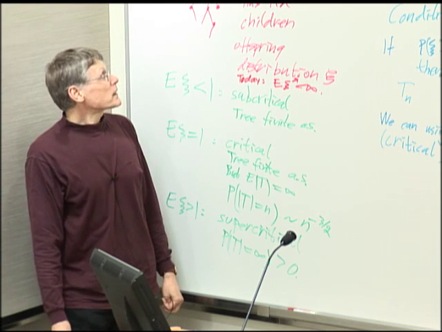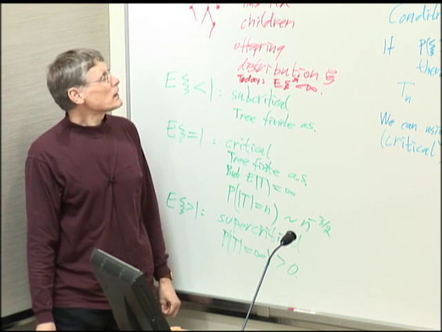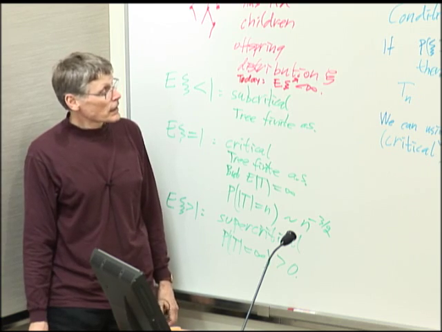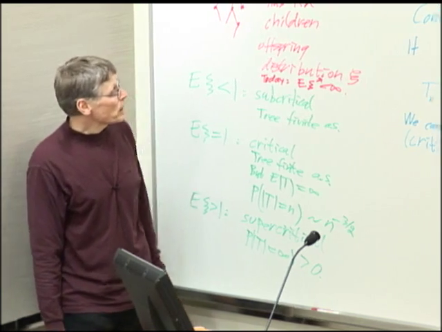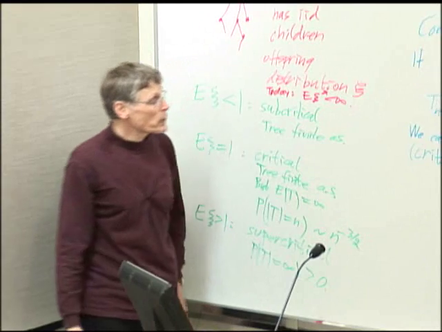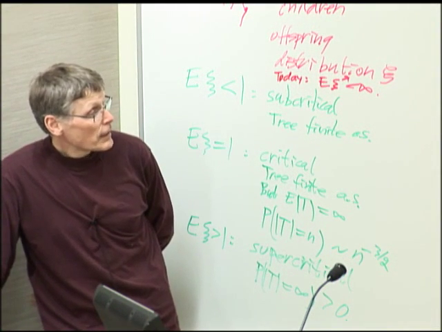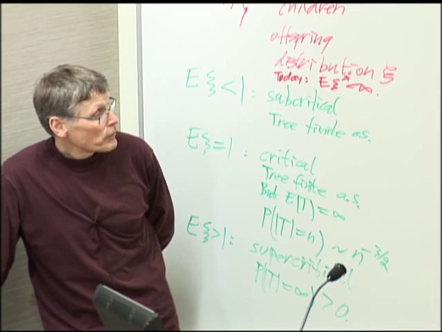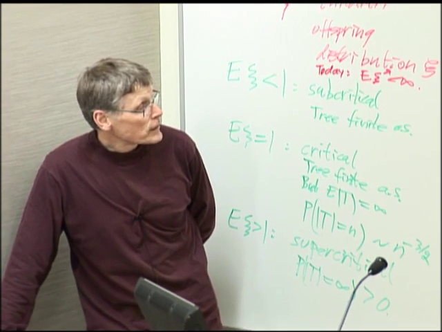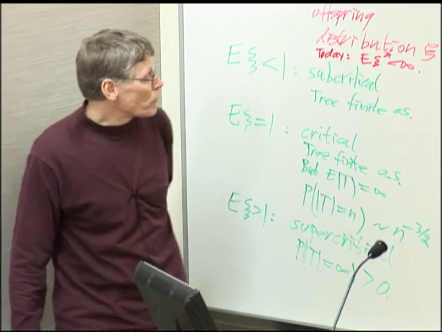One reason that these trees are studied so much is that, as we choose different distributions xi, we get different classes of random trees, and they include many of the standard random trees that appear in various applications.